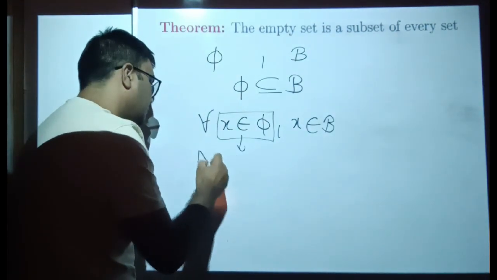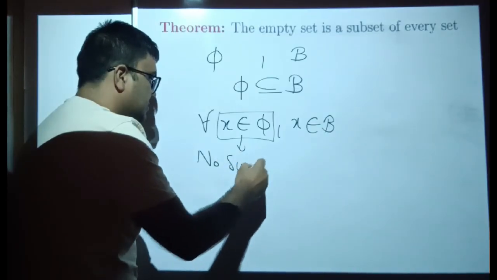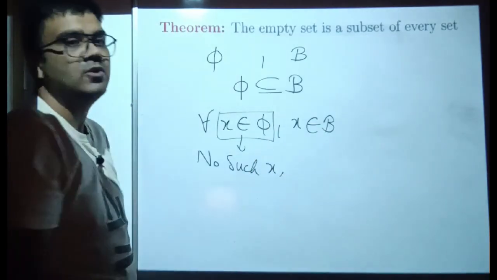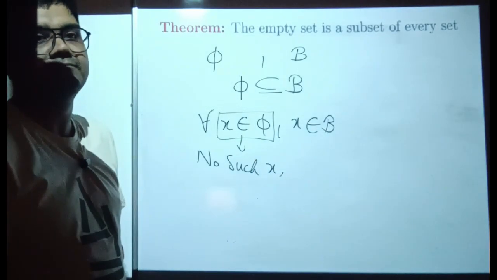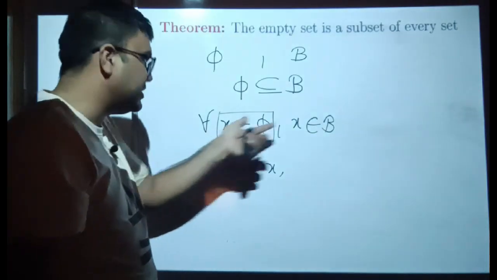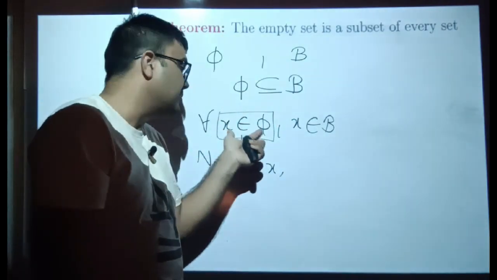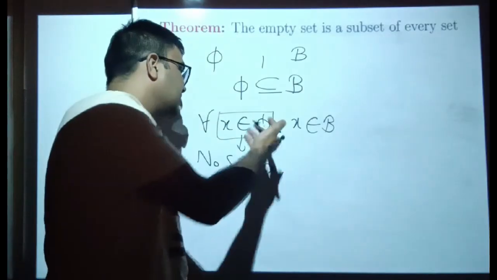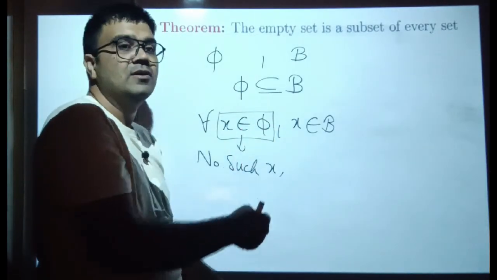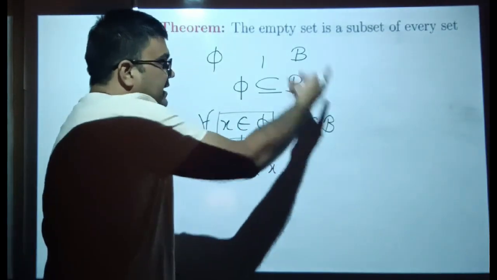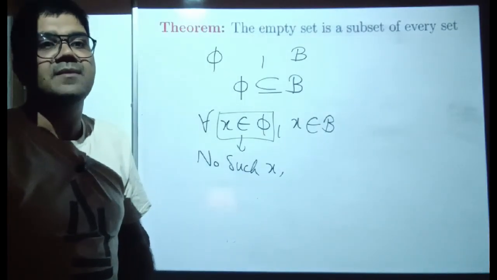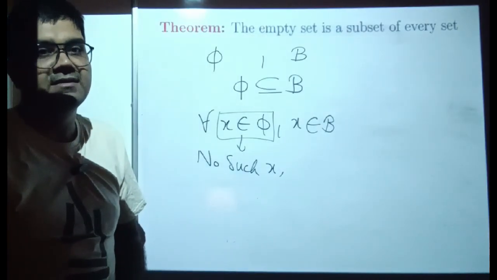There is no such x which belongs to phi. It means there is nothing to check over here. We are saying that it has no element. So by default we are saying that phi is a subset of every set.